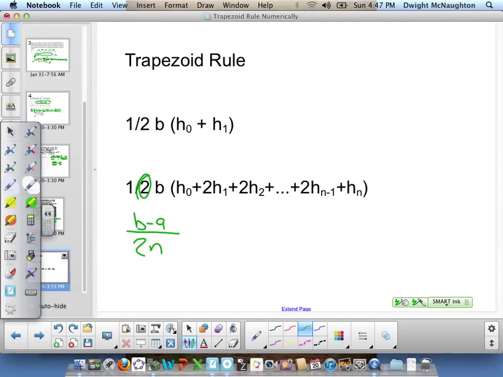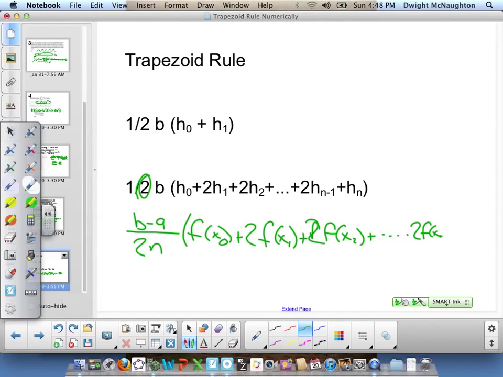That twice comes from the 2 times f of the height at the first trapezoid plus twice f of every other height all the way up to the last one, which again you only use once. And that there is the trapezoid.